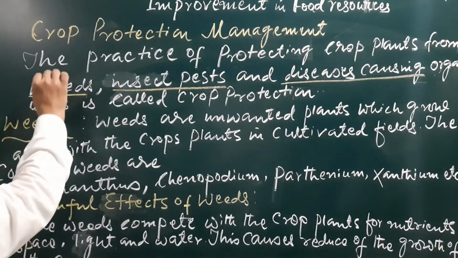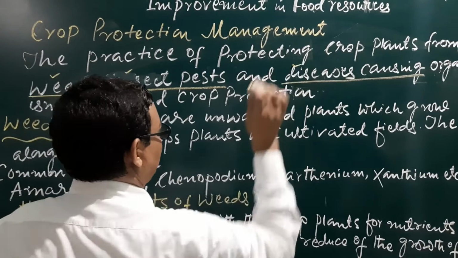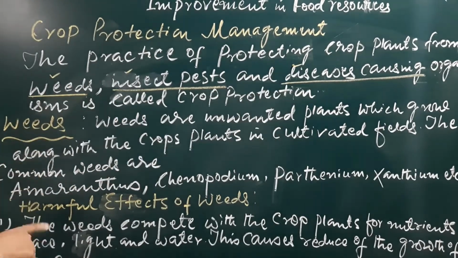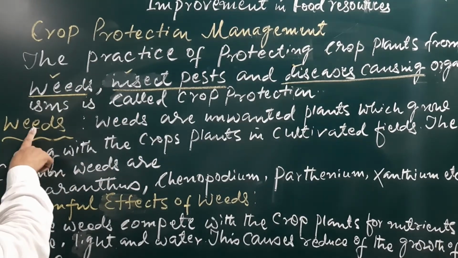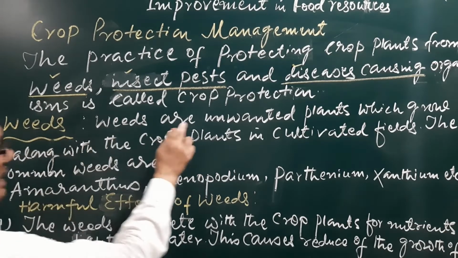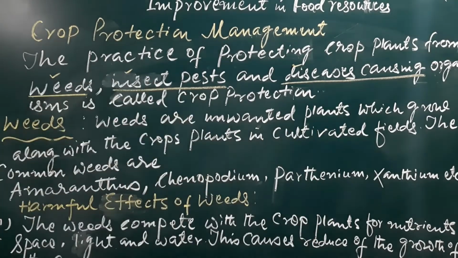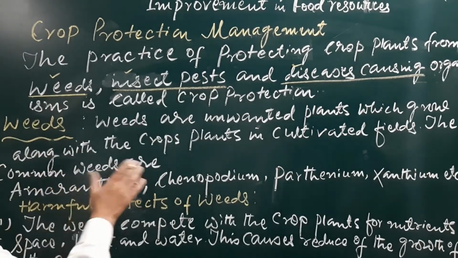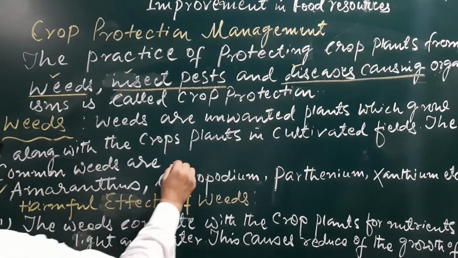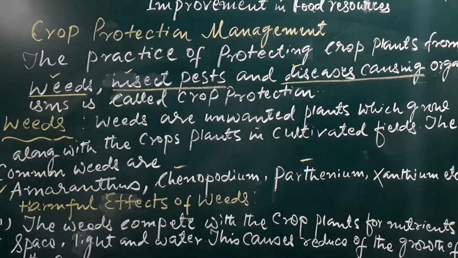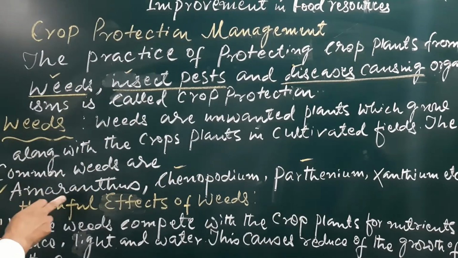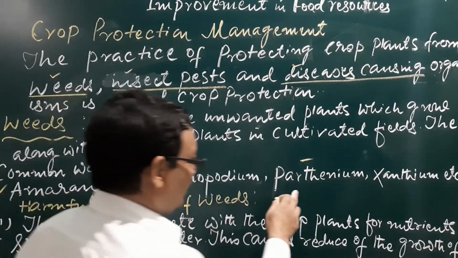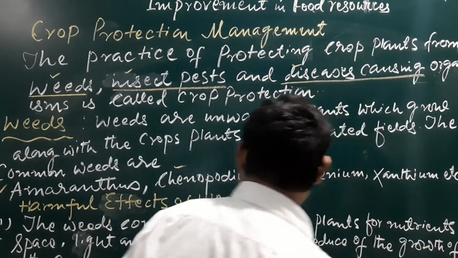All these 3 important parts we will discuss separately. The first one we are discussing is weeds. Weeds are unwanted plants which grow along with the crop plants in cultivated fields. Some examples of common weeds are amaranthus, chenopodium, parthenium and xanthium.